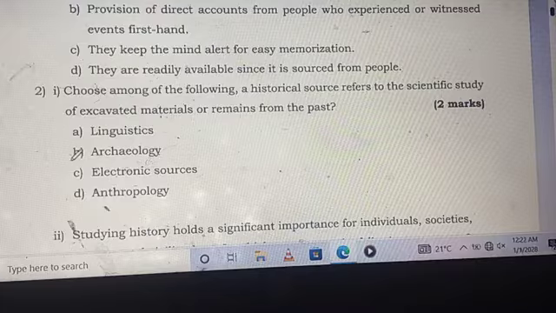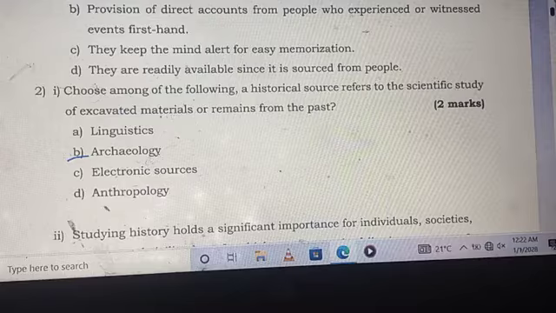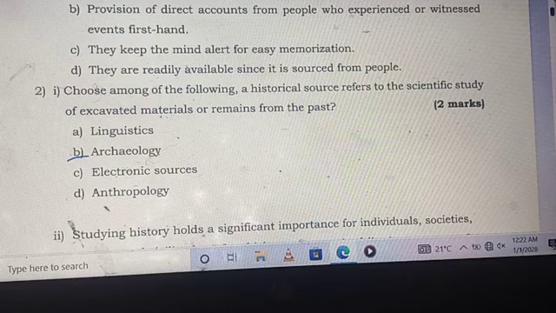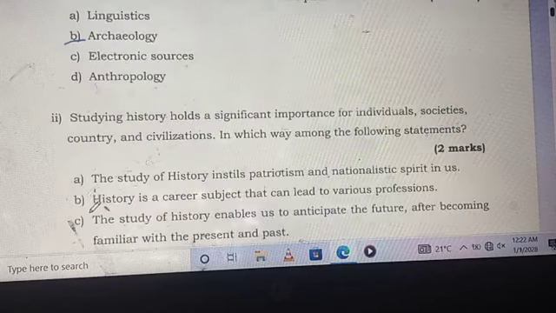The best answer is letter B, archaeology. Archaeology is the study of remains such as tools, bones, pottery, and buildings from the past.